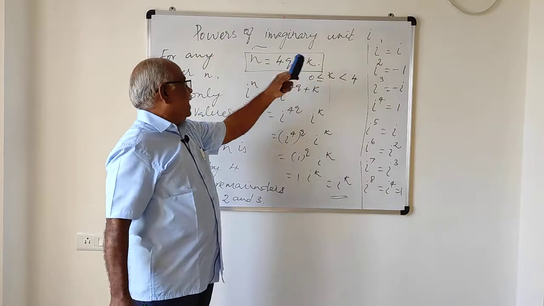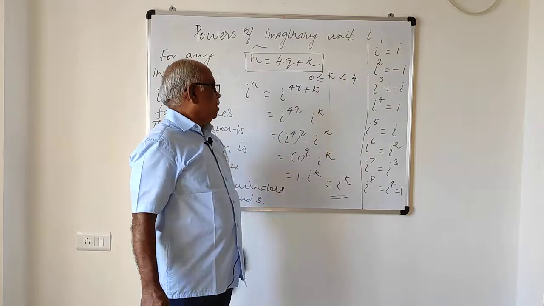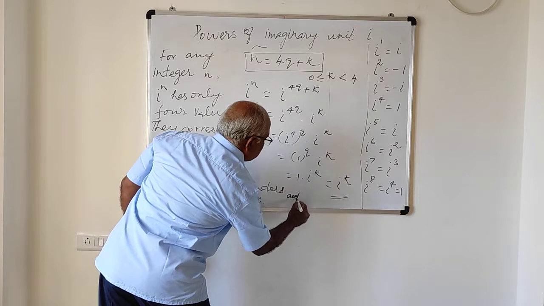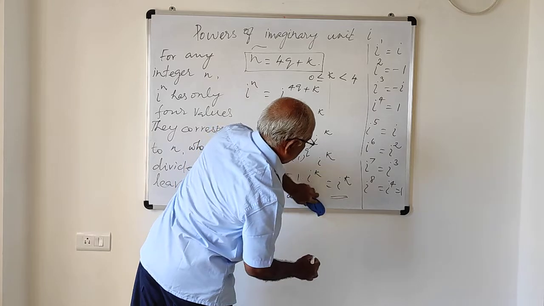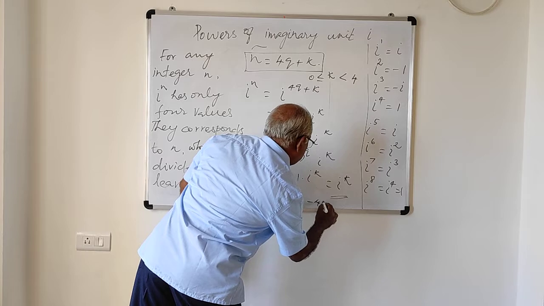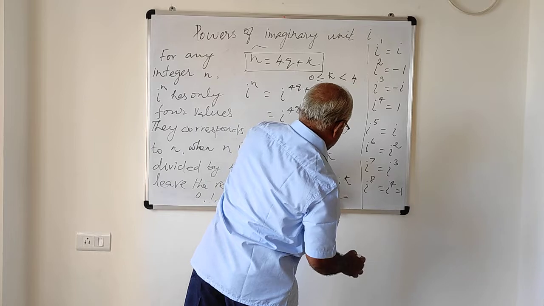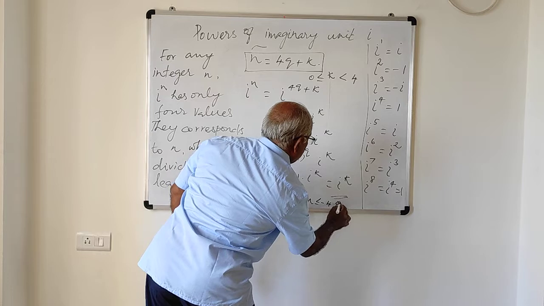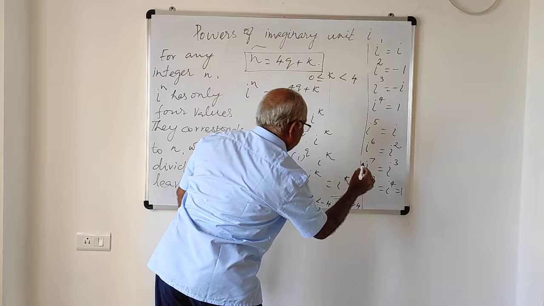This is 4q plus k. q is an integer and k takes the value 0 to 3. And n is less than or equal to minus 4 or n is greater than or equal to 4.